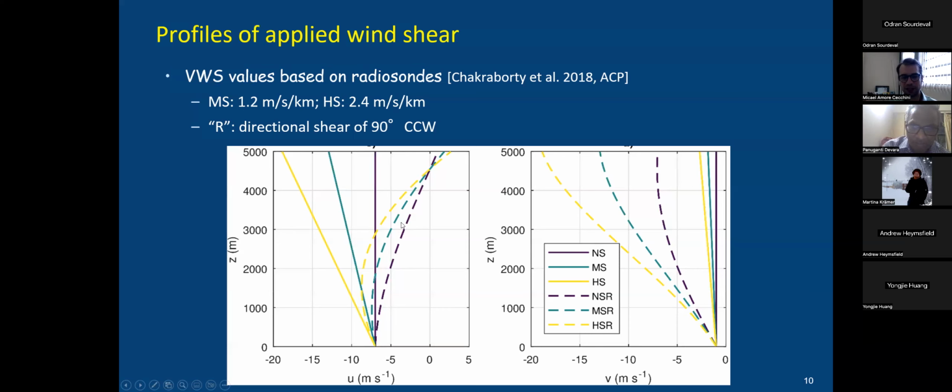And for the same colors, the dashed lines have the same wind speed configuration, but I also add wind rotation totaling 90 degrees between the surface and the top of the domain at 5 kilometers. So the wind also changes direction.